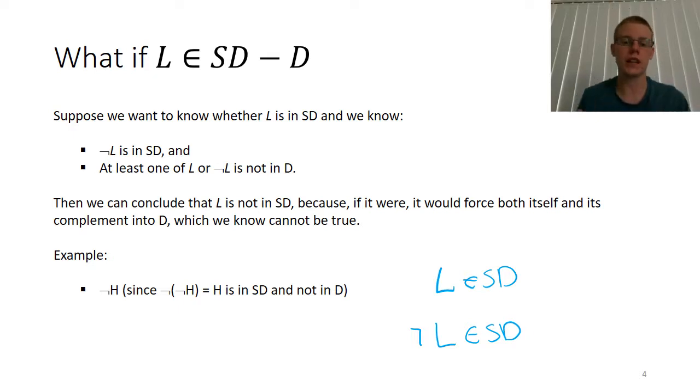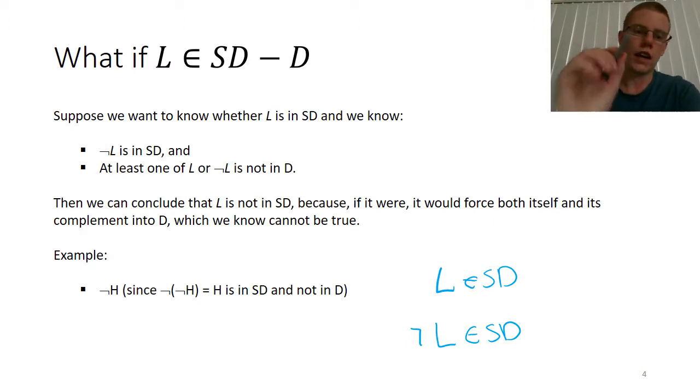The reason being is that if I can semi-decide both a language and its complement, then if I have those semi-deciding Turing machines, I can simply run them in parallel on any particular instance, and they are guaranteed that one of them will accept. So if the machine that is semi-deciding L accepts, then I simply halt and accept. But if the machine that is semi-deciding the complement of L halts and accepts, then I simply halt and reject, because I know that's an instance of not L, so it's definitely a no instance to the original language.